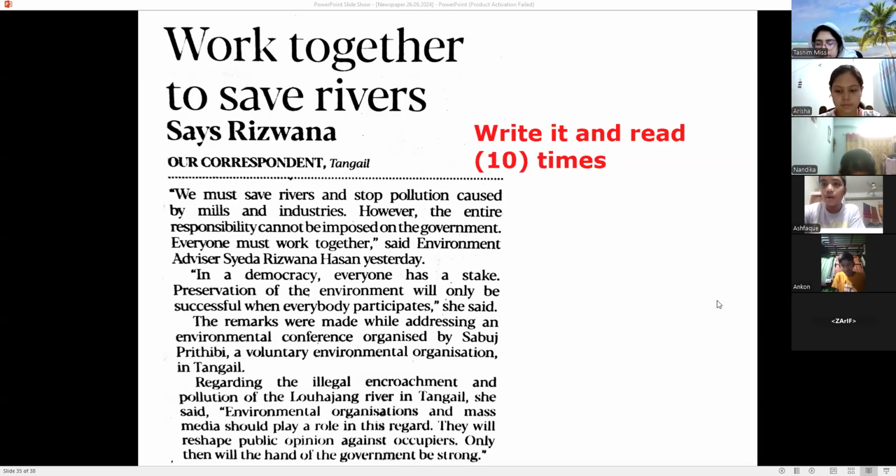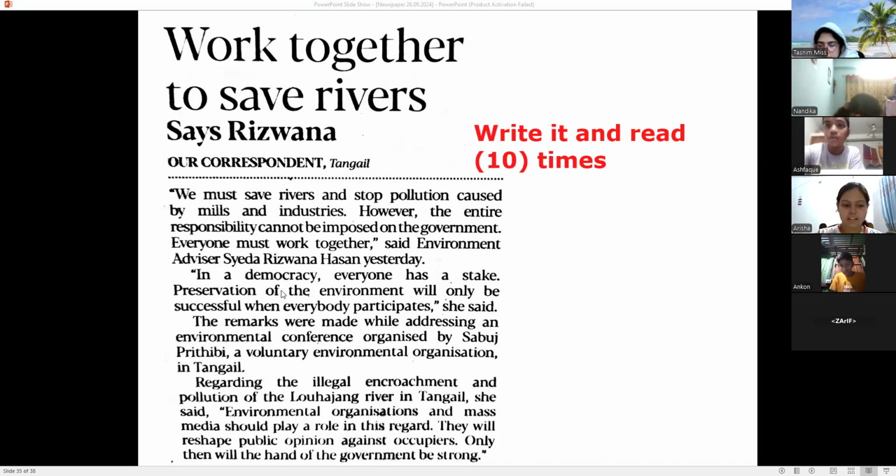The remarks were made while addressing an environmental conference organized by Shobuj Prithibi, a voluntary environmental organization in Tangail, regarding the illegal encroachment and pollution of the Lohajang River in Tangail. She said environmental organizations and mass media should play a role in this regard. They will reshape public opinion against occupiers. Only then will the hand of the government be strong.